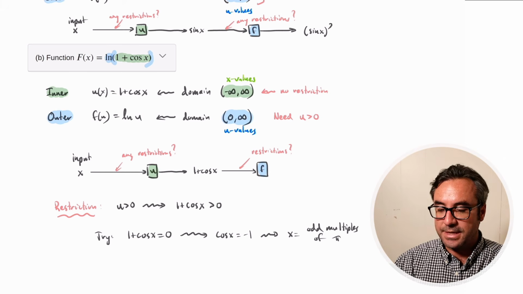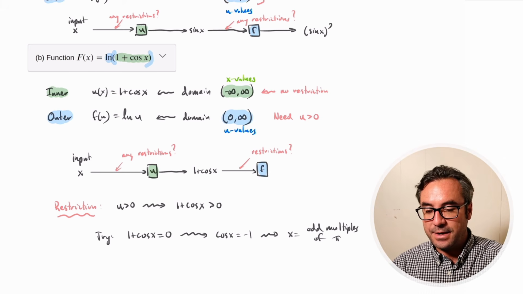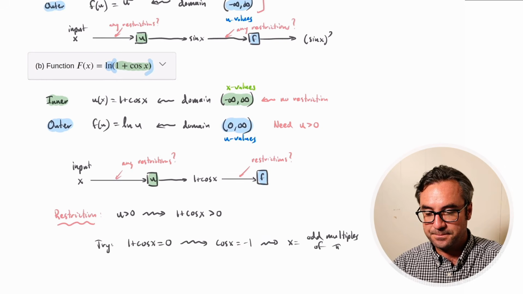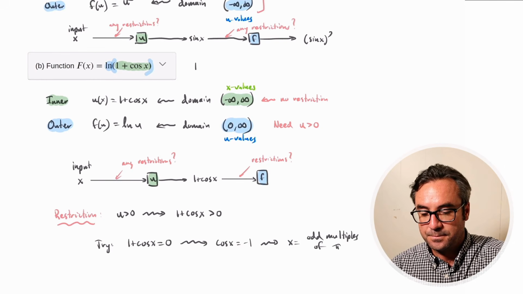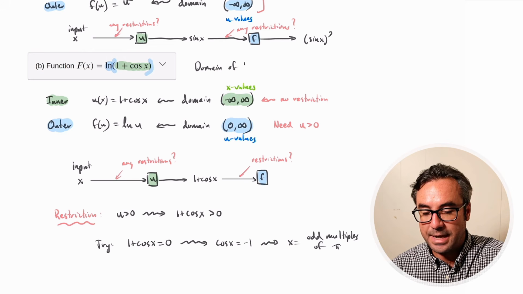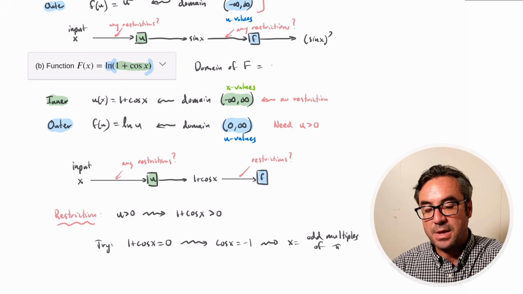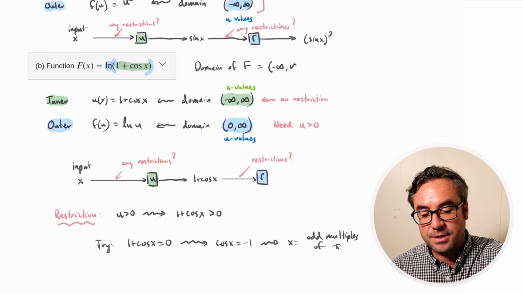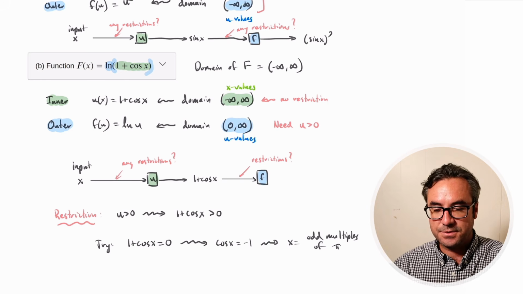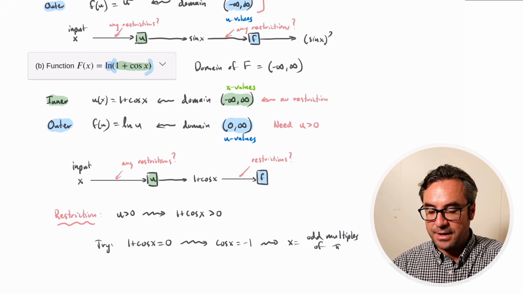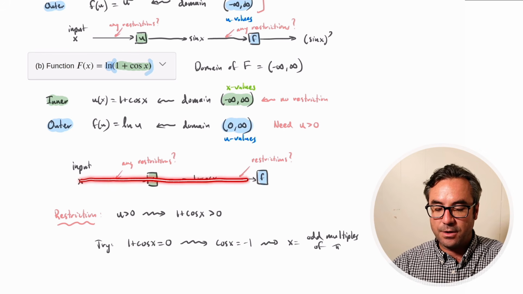So putting it all together, the domain of this function, call it capital F here, is going to be the interval. So it is going to be most of the x values. Most of the x values, if you tried plugging them in, would make it all the way through.